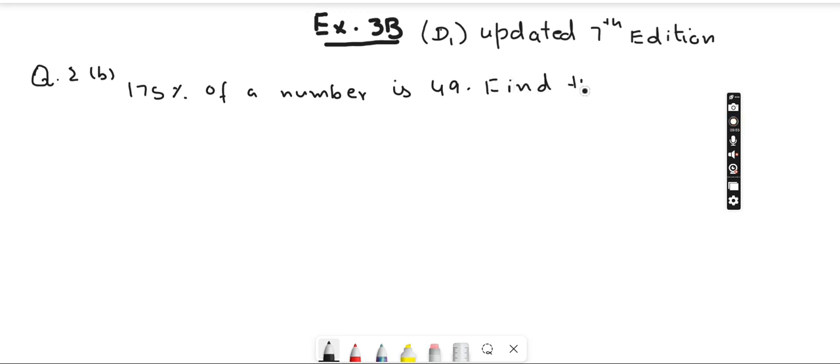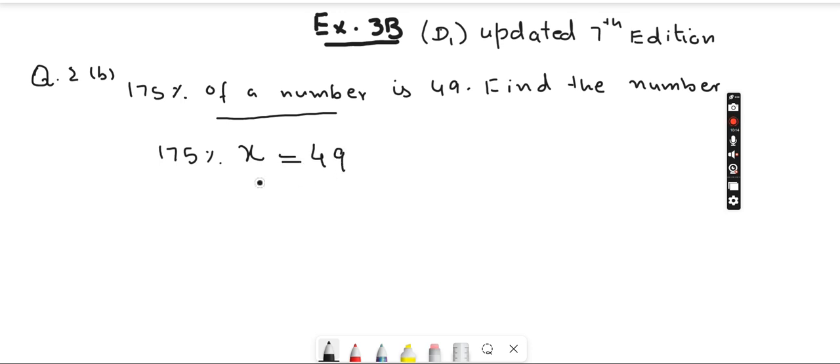Over here simply you have to follow the words, like 175% of a number, let the number be x, multiplied with that number is 49. You have to find the number. For percentages, you'll divide it by 100.